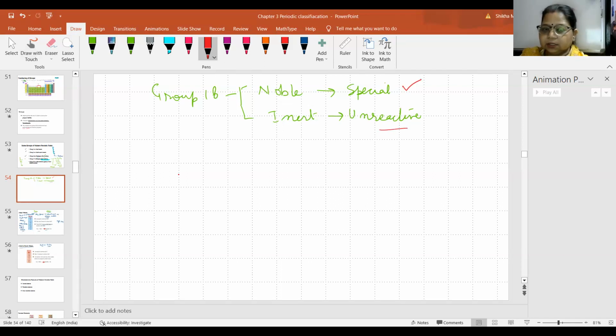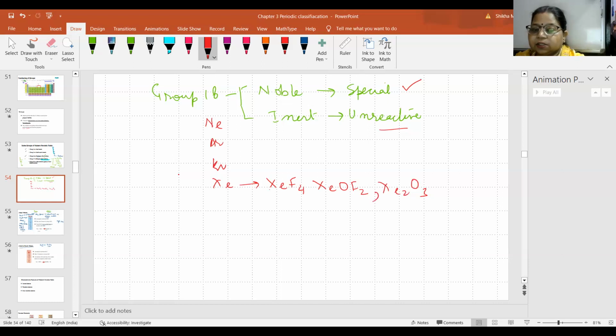Because the group 18 elements include neon, argon, krypton, xenon, etc. And of late, some compounds of xenon have been made, specifically xenon fluoride and xenon oxide, XeOF2, XeO3.